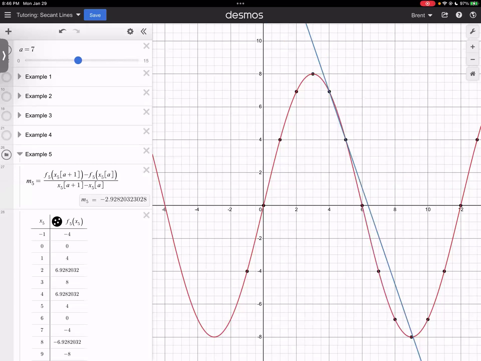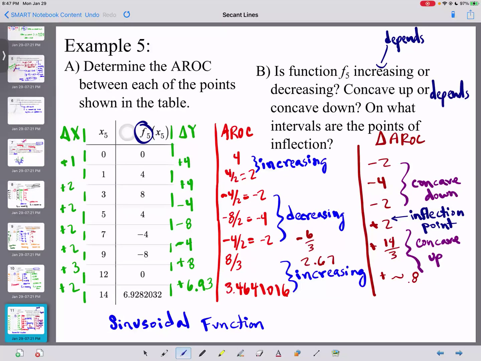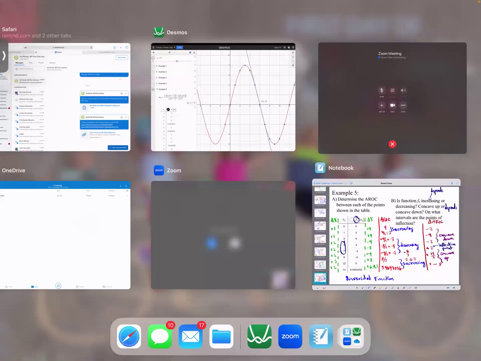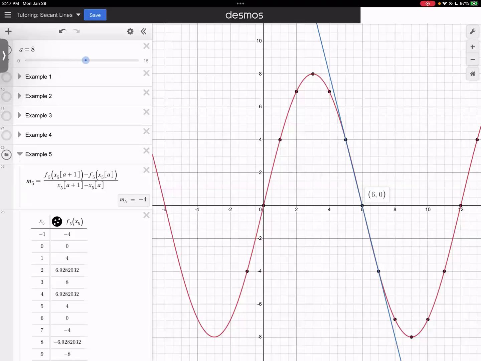But to show you, this right here would be an inflection point when we are going through this point at 6. That would be my inflection point, which I don't think 6 was on my table. So when I circled that up here earlier, this would be an inflection point right there. We would also have an inflection point at 0. Right here at 0, we'd have an inflection point. We'd have another one at 12. Mathematically, those are where they would occur.